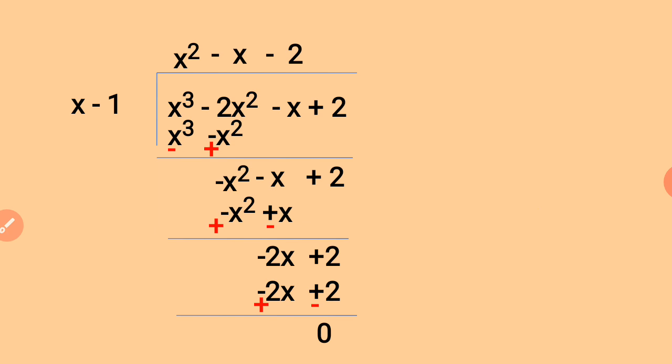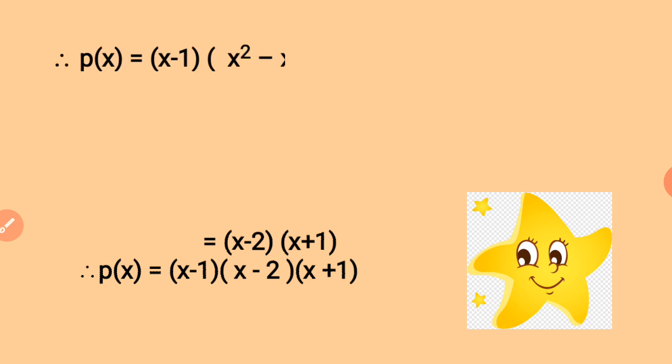If the remainder is 0 and x minus 1 is one of the factors, we can say that this quotient is the another factor of the given dividend, that is p of x. With this, we will proceed. We can write the p of x now as x minus 1 multiplied by x square minus x minus 2.